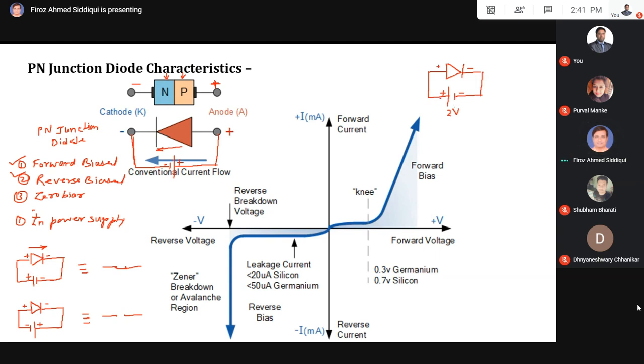Then if the diode is of silicon type, say this is the silicon diode.